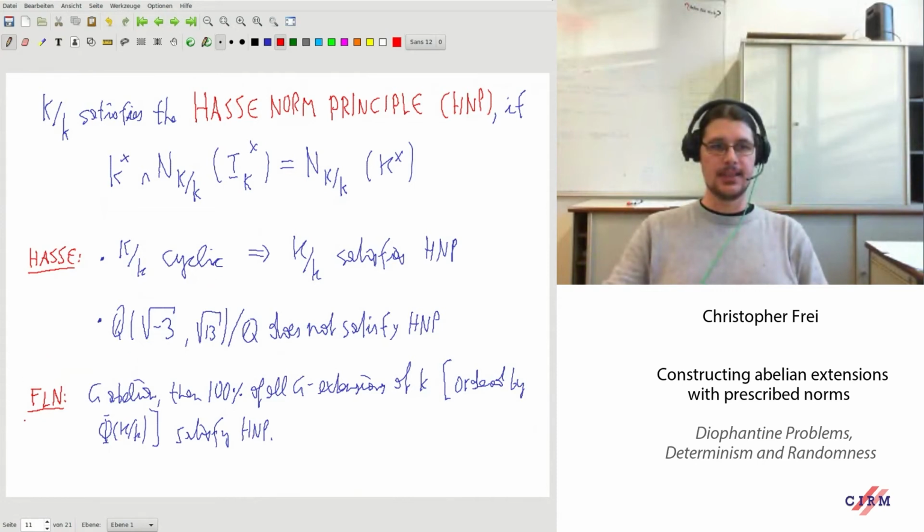And just because it fits in, here is another result from my paper with Dan Loughran and Rachel Newton. It says that if you fix an abelian Galois group G, then 100% of all G extensions of little k satisfy the Hasse norm principle. By 100%, I mean natural density 1 if you order them by the absolute norm of the conductor.